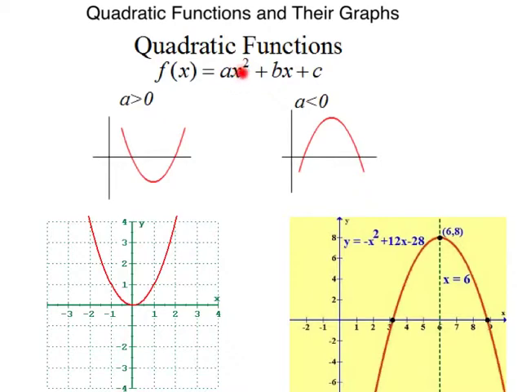So when you have that, that means it's going to be a quadratic. And this is letting us know a is either greater than 0 or a is less than 0. And all of these are picture examples of a quadratic function. And you can see it looks like a U or an upside down U. If it's upside down like this, it kind of looks like a hill.